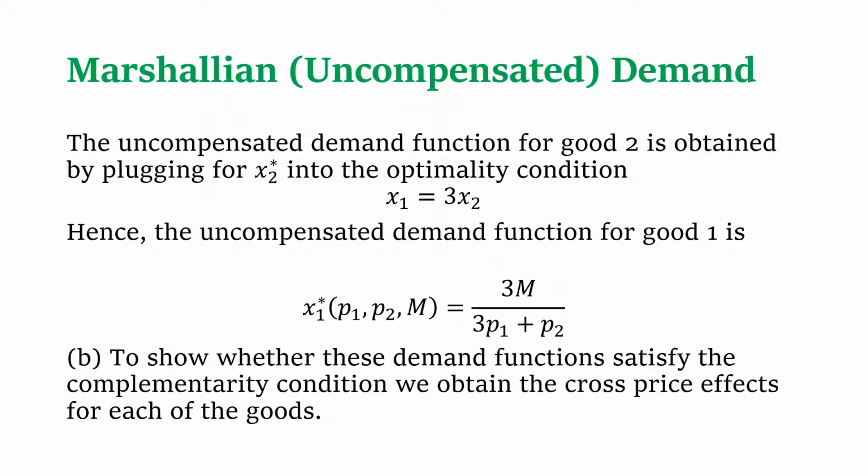So the demand function for good 1 is therefore x1 star equals 3m over 3p1 plus p2. Again here, the demand for good 1 is inversely related to the two prices, the price of the two goods, and the income.